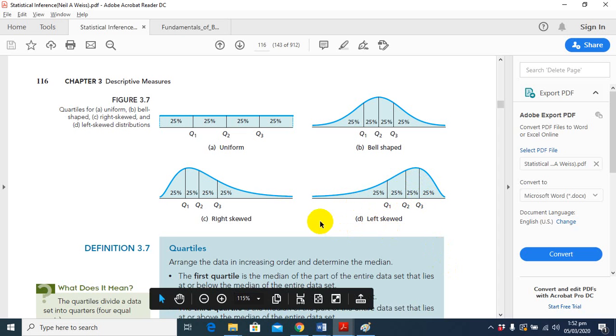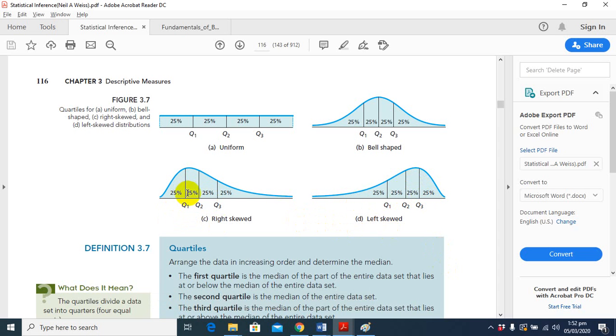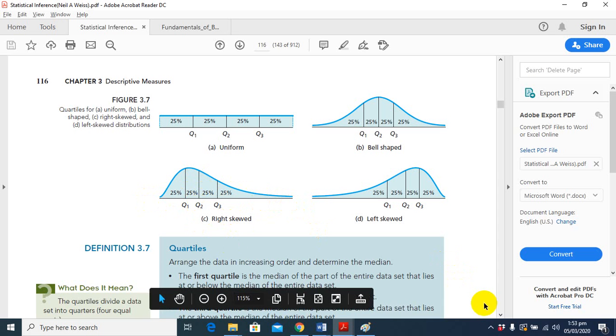So we can define the quartiles in terms of these figures. Quartile 1 is 25%, quartile 2 is again 25% more, or from the bottom it is 50%, and from quartile 2 to the top is again 50%. So quartile 2 is actually the center of the distribution.